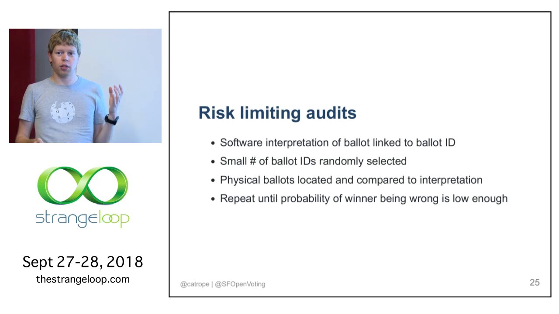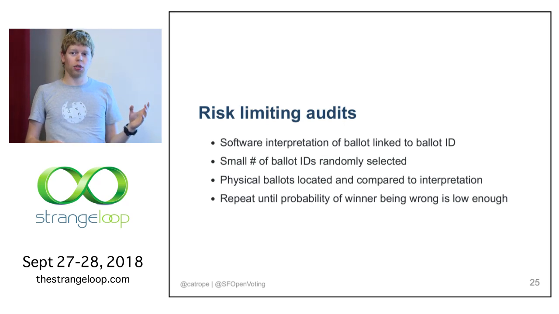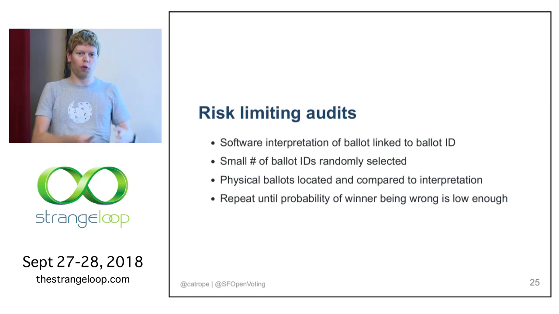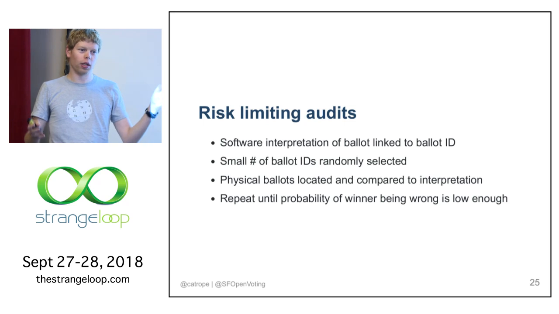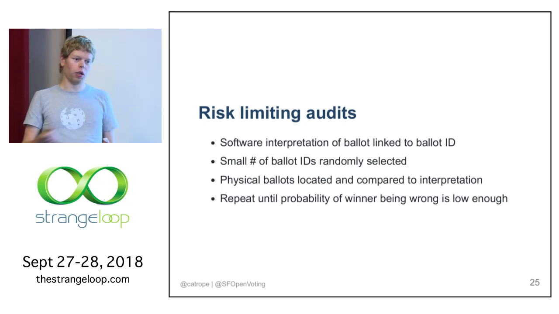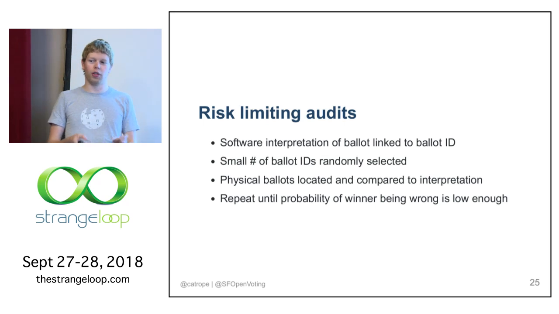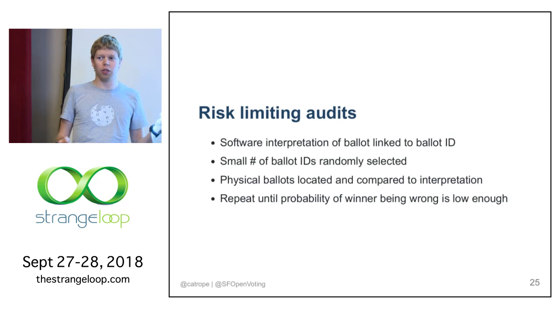Then you randomly select a couple, like 100 or so ballot IDs, and you tell the people to go find those ballots, which might mean that they have to call someone up in a remote corner of Colorado, which is why you need software to coordinate all this stuff. But you say, find the ballot with this number. They find it, a human looks at it and says, I think this is a vote for candidate X. And then you look at your database to see if it's actually a vote for candidate X.